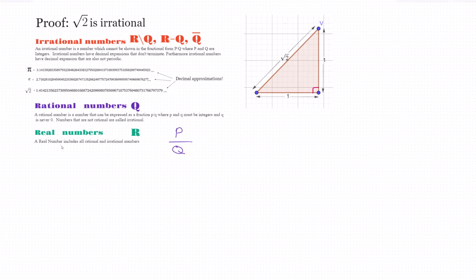Many don't understand exactly what rational numbers are, but rational numbers are expressed where there's a numerator that must be an integer and a denominator that must be an integer. So these have to be integers. And Q cannot be 0, of course. But these must be integers.